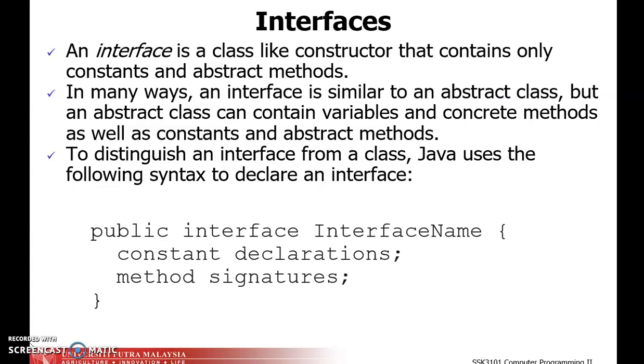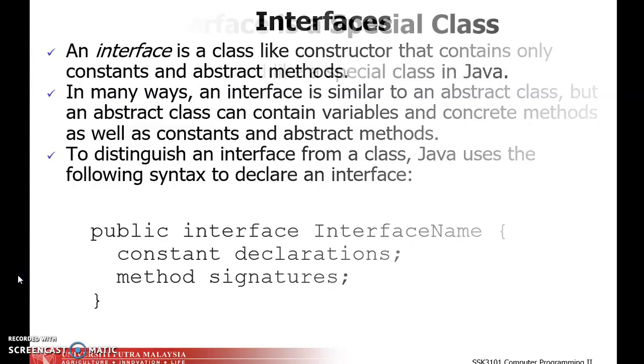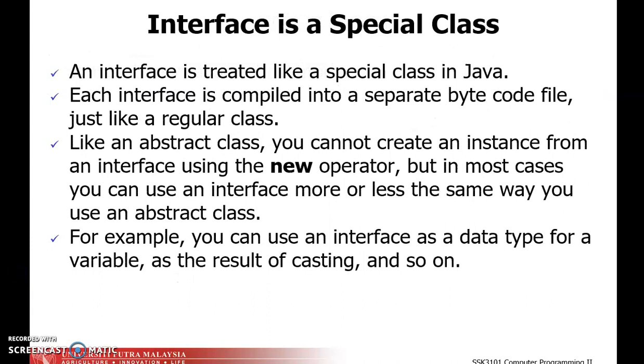An interface is similar to an abstract class, but an abstract class can contain variables and concrete methods, as well as constants and abstract methods. The following statements illustrate how an interface can be distinguished. An interface is treated like a special class in Java because it contains no implementation.